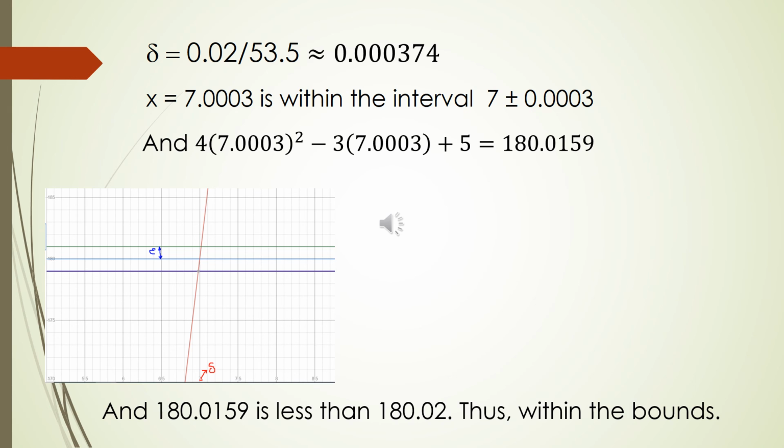If I plug 7.0003 in for x, I get 180.0159, and that is closer to 180 than 0.02. So that's just an example that using delta to be epsilon divided by 53.5 is going to guarantee that our y values are within 0.02, if that was our epsilon, of 180.